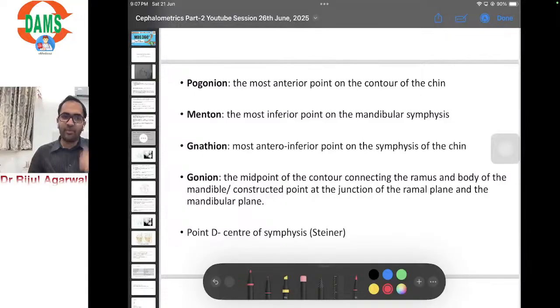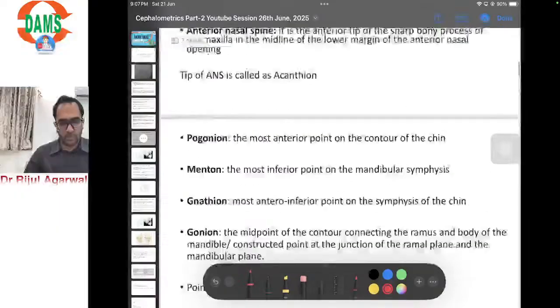This is a derived landmark formed by the intersection of the tangent drawn to this point and intersecting at the lower border of the mandible. Next is gonion. Gonion is again a derived landmark obtained by drawing a tangent along the lower border and the posterior border of the ramus of the mandible, and the point at which they intersect when the lines are extended gives us the point gonion.